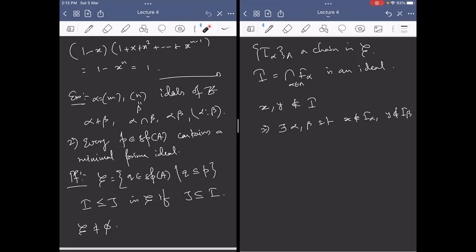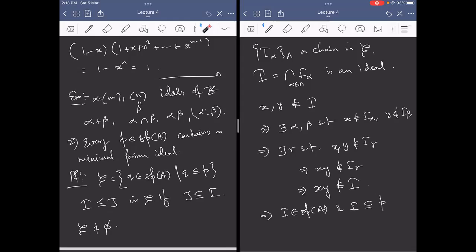So there exists gamma, and in the example I was talking about, I am taking gamma to be alpha, such that xy does not belong to I gamma, but I gamma is a prime ideal, therefore xy cannot belong to I gamma, therefore xy cannot belong to I, thus making I a prime ideal. And that I is contained in P is a trivial statement because all these I alphas are contained in P, therefore their intersection will also be contained in P.